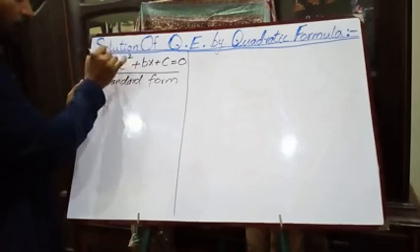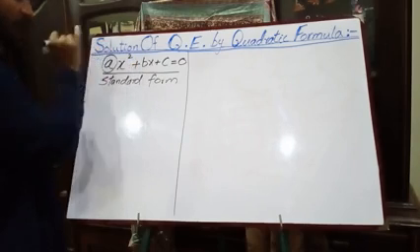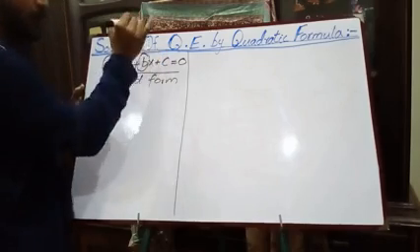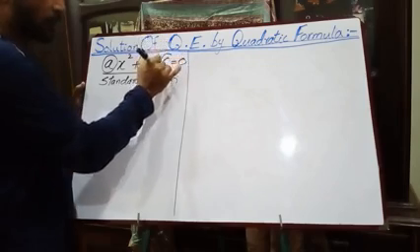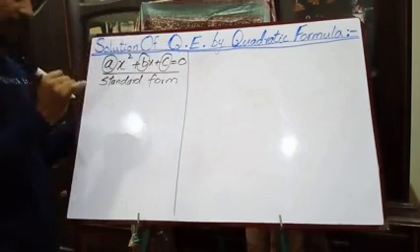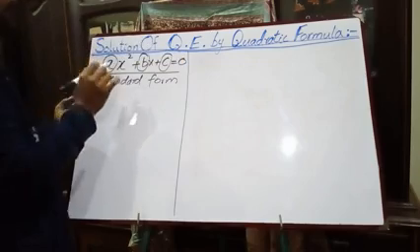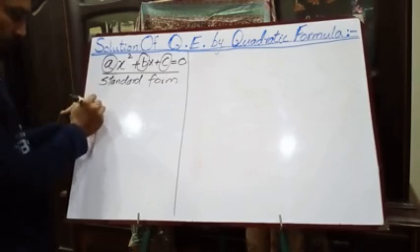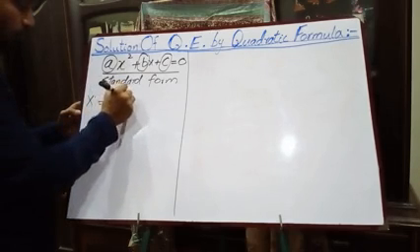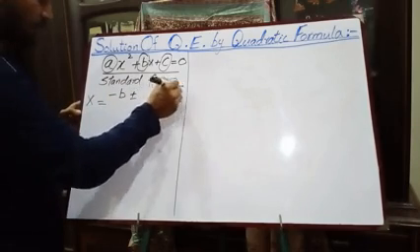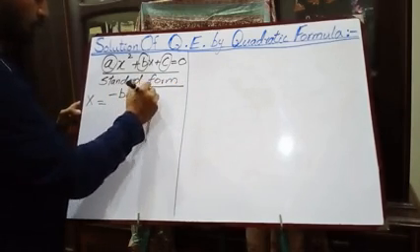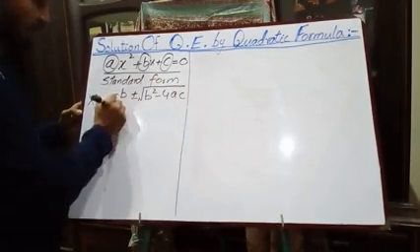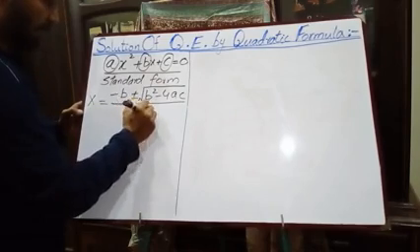The coefficient of x square will be taken as a, the coefficient of x will be taken as b, and the constant term will be taken as c. If this form is there, then you have to learn the formula that x will be equal to minus b plus minus square root of b square minus 4ac, whole divided by 2a.